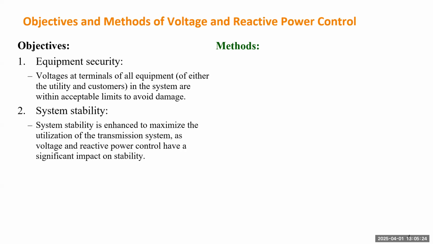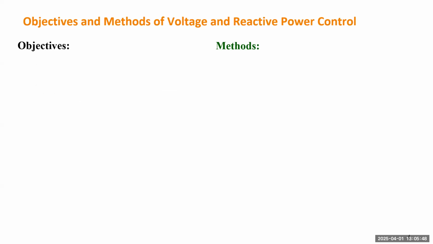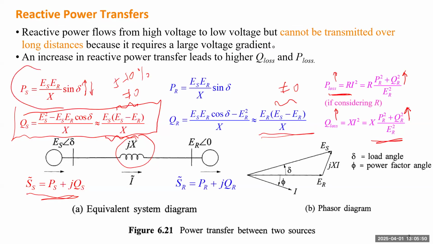The second objective is to make sure the voltage of the entire system has a good profile. For instance, if you can make all the voltages close to 100%, 1 per unit, the nominal value, which means you can safely deliver active power through the entire network. Because if we only take a look at this equation to determine how the active power is delivered, we want to make sure both voltages are high enough, right?